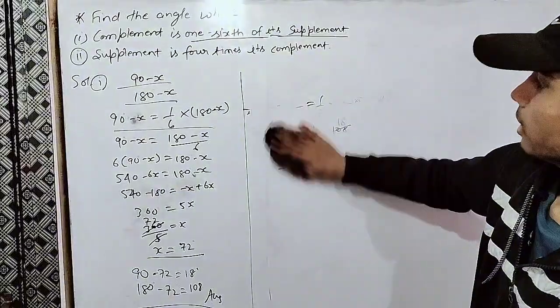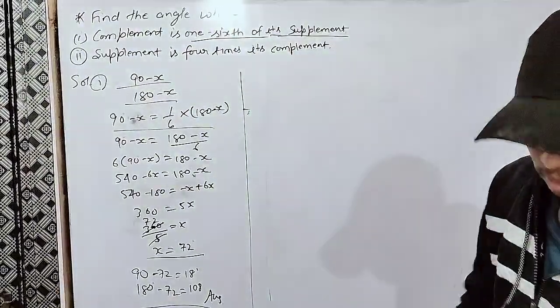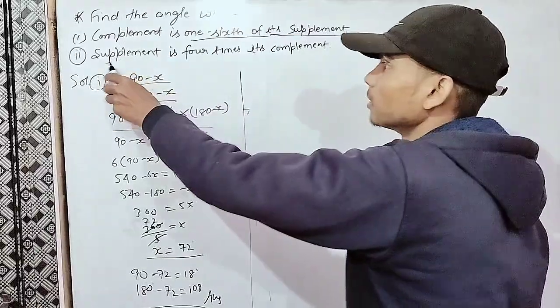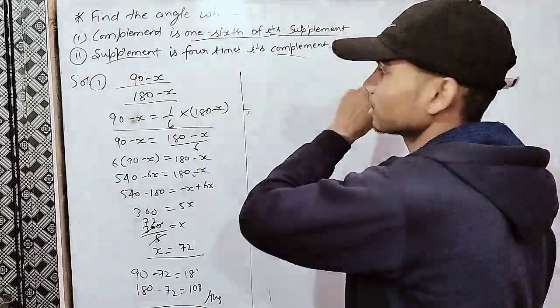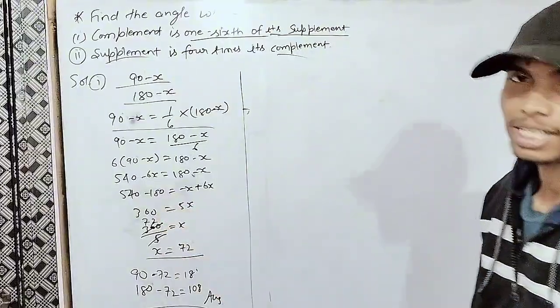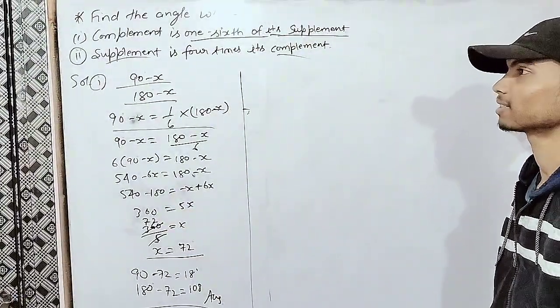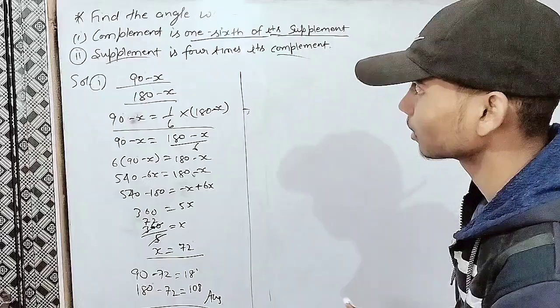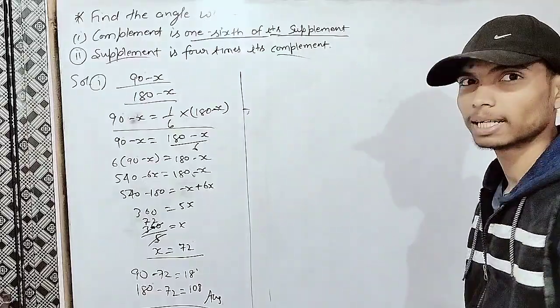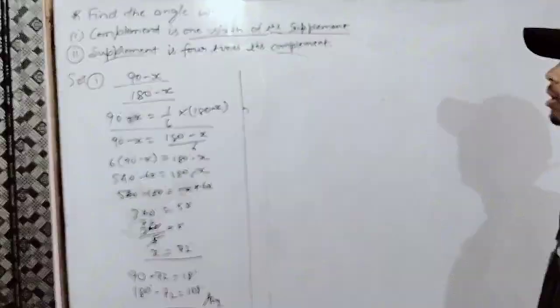Okay. Second. First is the supplement, then second the complement. Our statement is not in mathematics, and we have to make it in mathematics. If our statement in mathematics is wrong, then our answer and process would be wrong.